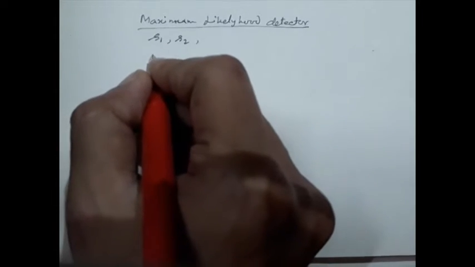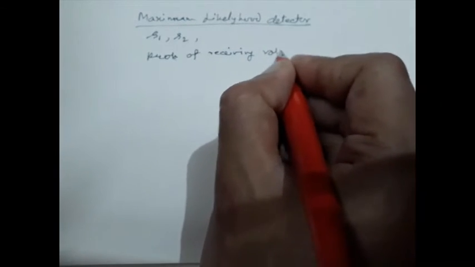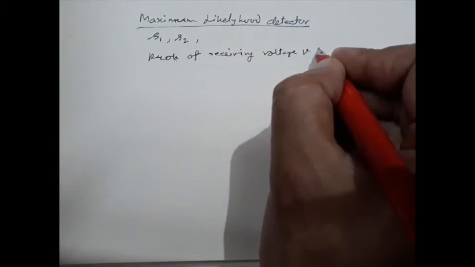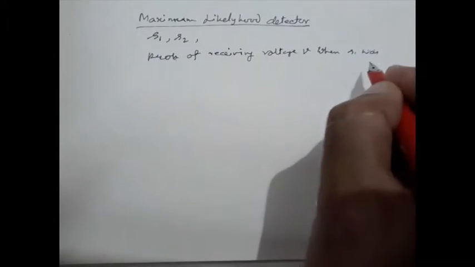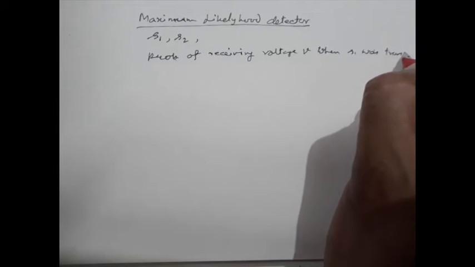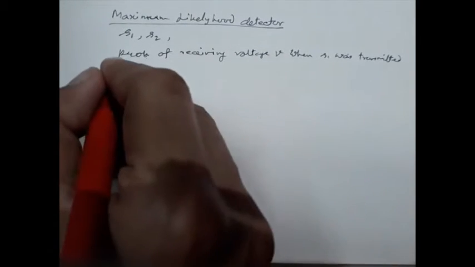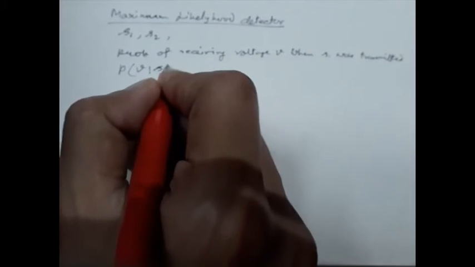Now the probability of receiving voltage V when S1 was transmitted is represented by the conditional probability P(V given S1).